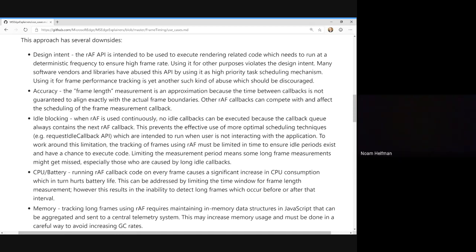The problem is that since we cannot continuously measure frame rate using RAF because of the reason explained earlier, CPU and battery, we actually miss the first user interaction because of that. Only after the user interacts do we get the event, so we can start measuring. So we always have some blind spot on the initial interaction.